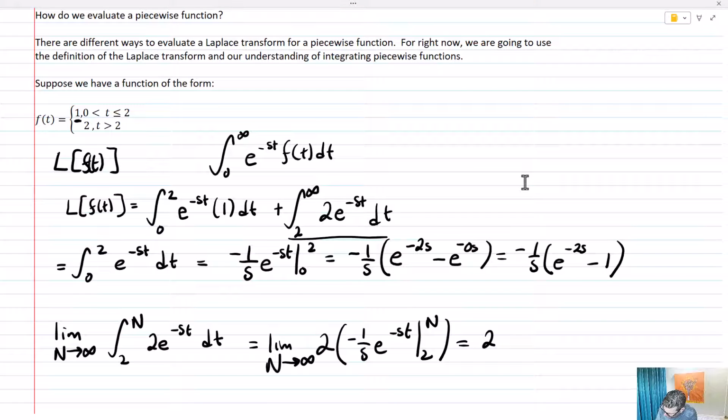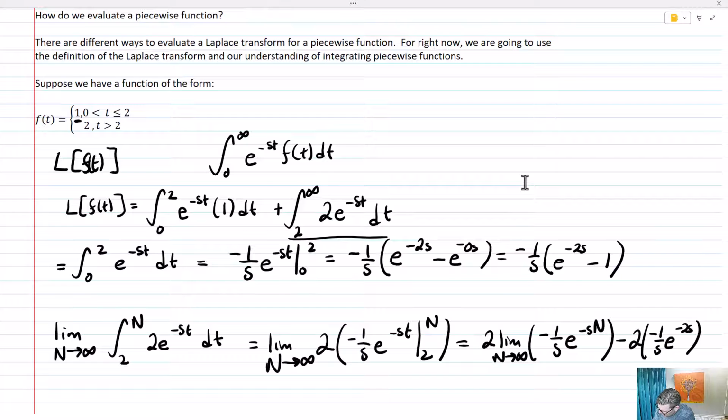I'm going to pull out the 2, and now I get 2 times the limit as n goes to infinity of negative 1 over s e to the negative sn, minus negative 1 over s e to the negative 2s.